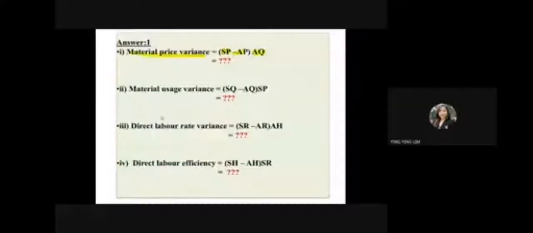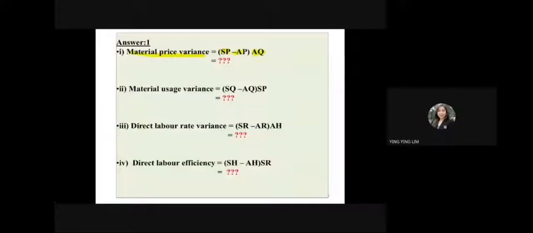So material usage variance, I'm comparing quantity. So standard quantity compared with actual quantity, minus, then I multiply with standard price. So the standard quantity, you go back to the question. Per unit, how many kilo do you need? You need 20 kilo. Alright, so 20 kilo, and your actual quantity here is 2 million kilo.